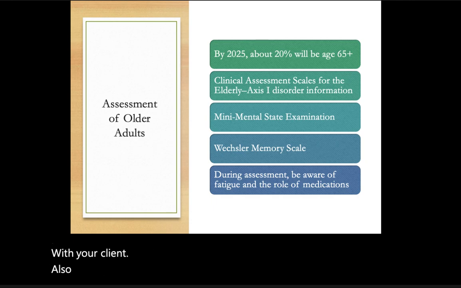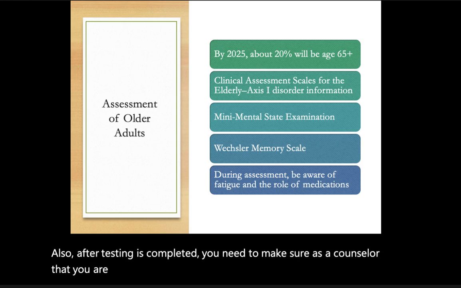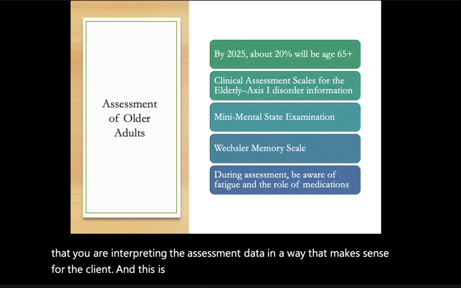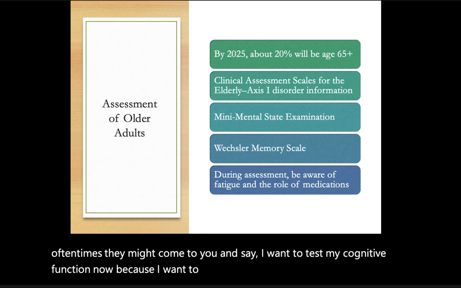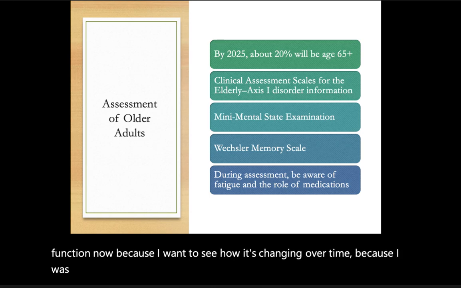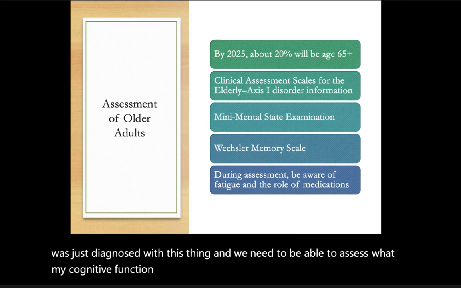Also, after testing is completed, you need to make sure as a counselor that you are interpreting the assessment data in a way that makes sense for the client. This is particularly important for older adults because oftentimes they might come to you and say, I want to test my cognitive function now because I want to see how it's changing over time, because I was just diagnosed with this condition and we need to be able to assess what my cognitive function is over time.